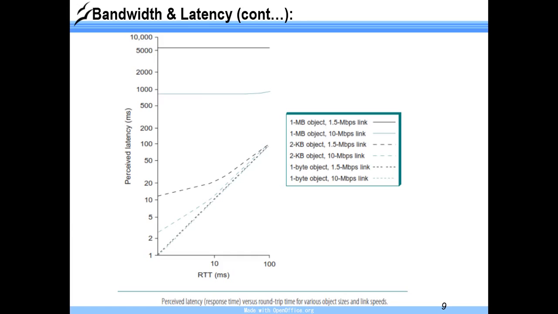As we had seen earlier, the graph shows how long it takes to move objects of various sizes, 1 byte, 2 kilobytes, or megabytes, across networks with RTTs ranging from 1 millisecond to 100 milliseconds, with link speeds from 1.5 megabits per second to 10 megabits per second.